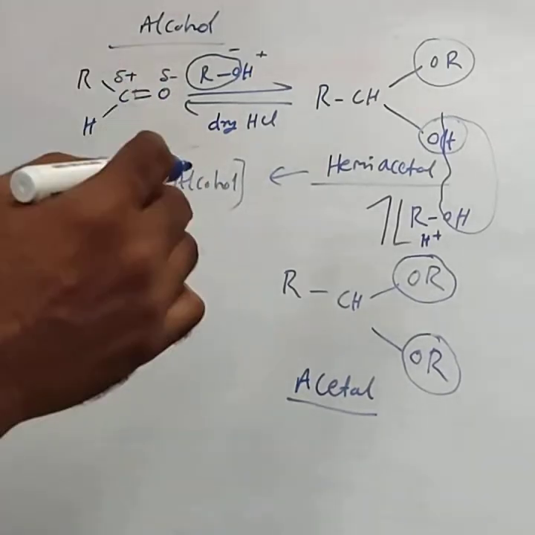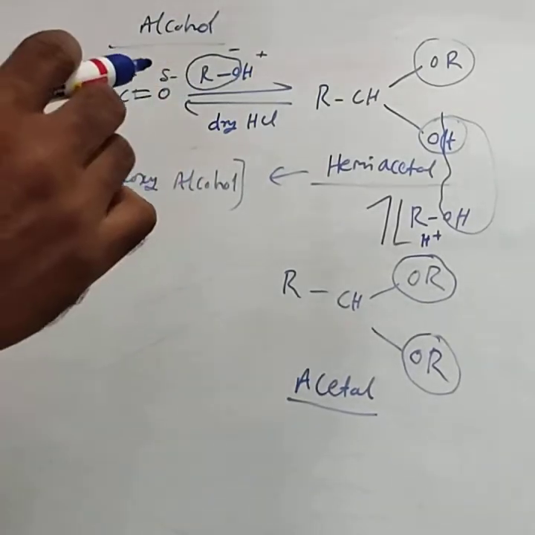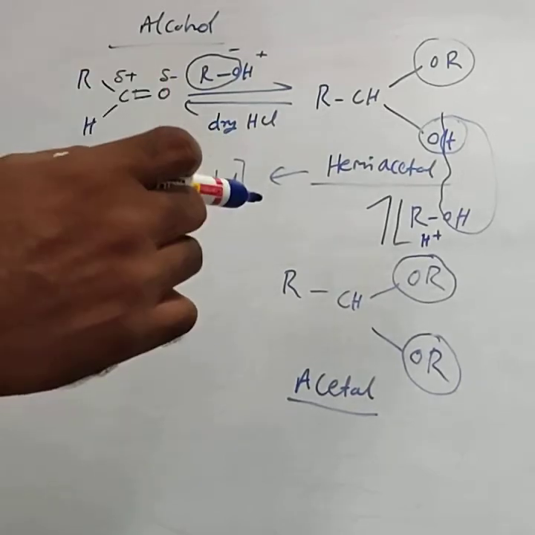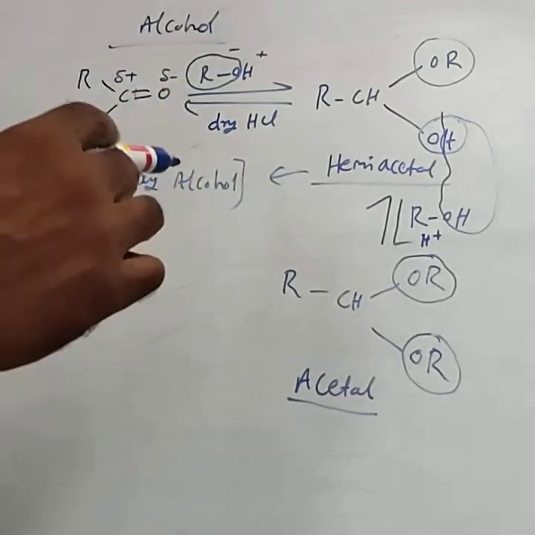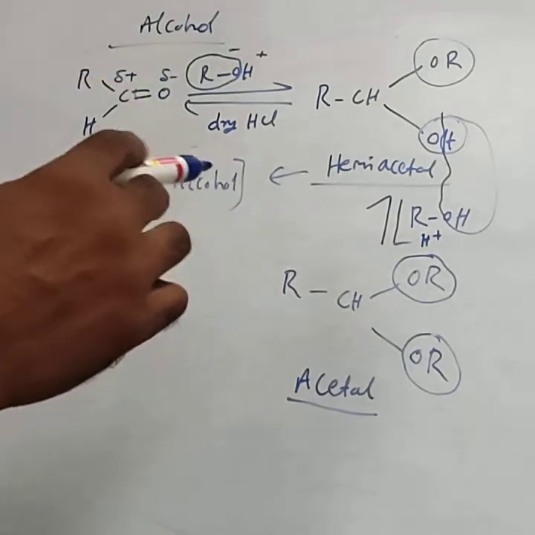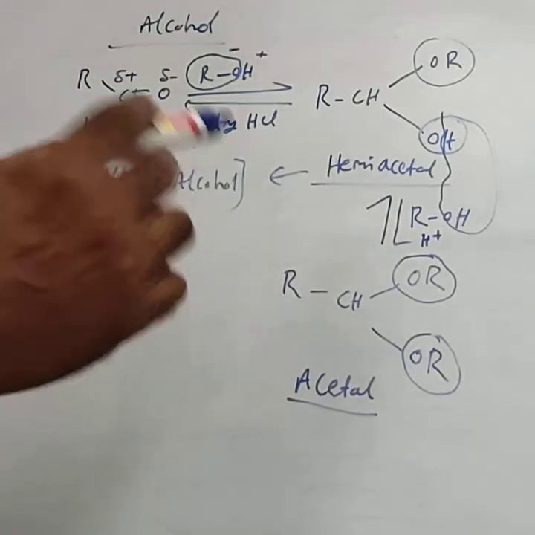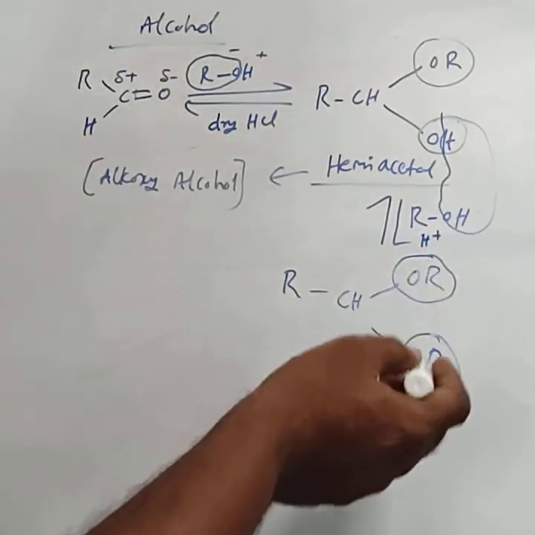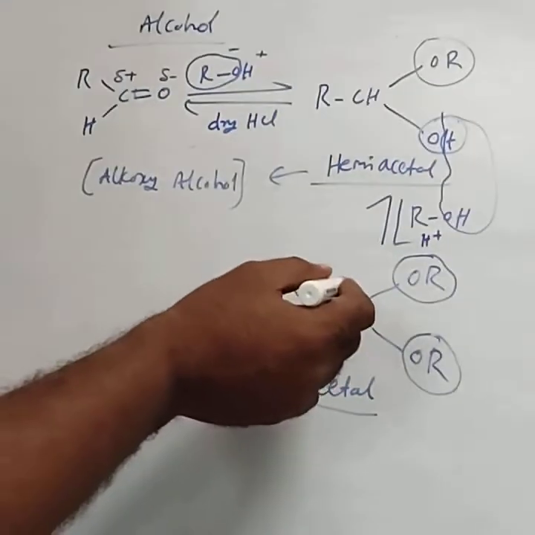In the alkyl halides chapter, we considered geminal and vicinal. Geminal means identical halogens bonded to the same carbon, and on the adjacent carbon, it is called vicinal. Here also you observe the alkoxy groups bonded to the same carbon atom.